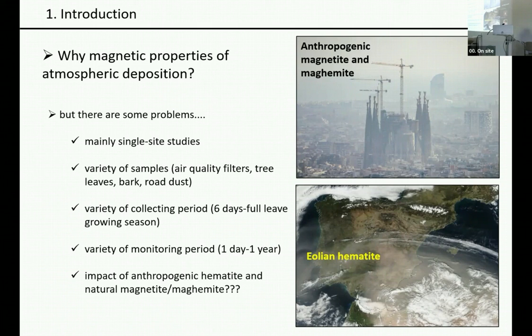There has been a great number of studies dealing with this topic, but there is an overall problem as we see it. First of all, most of the studies deal with mainly single sites, so it's difficult to extrapolate conclusions to larger areas. There is also a large variety of samples used to study atmospheric deposition.